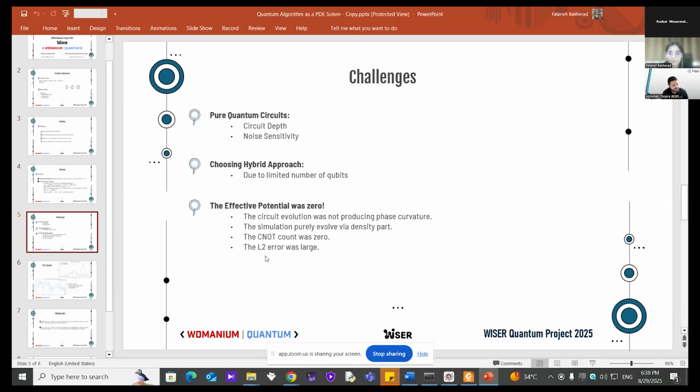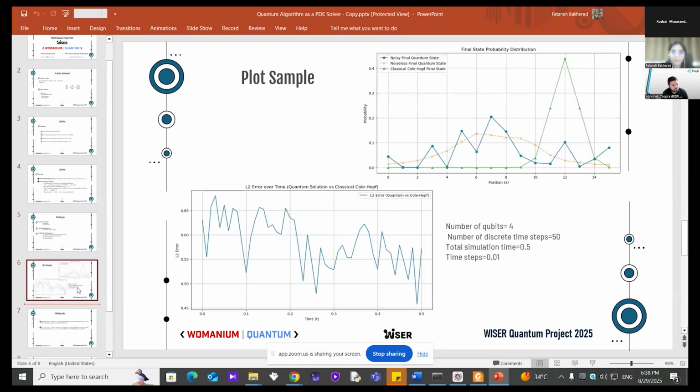Interesting. Can you go to your results slide? Slide 6. Yeah, of course. We had 4 qubits. We ran our code for 4 qubits, and this is the difference between our result for the noisy backend and for the noiseless backend, and the classical state that we had.